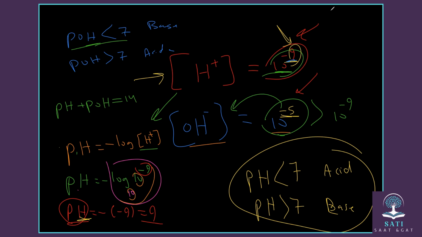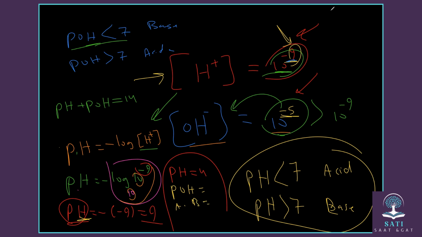If I tell you, for this example, that pH equals 4, find me the following. Number 1, find me the pOH. Number 2, tell me, is this an acidic or basic solution?